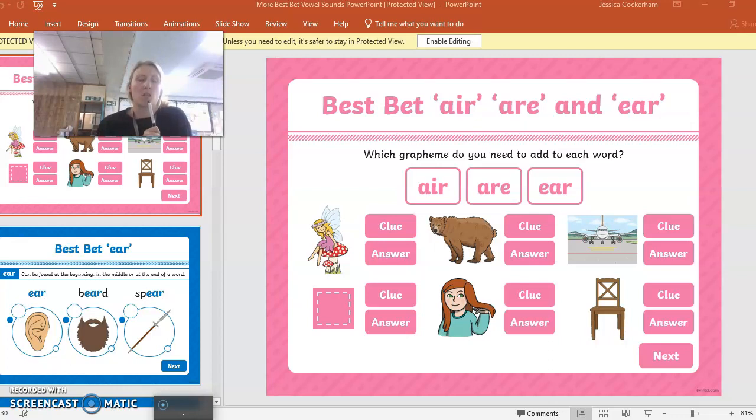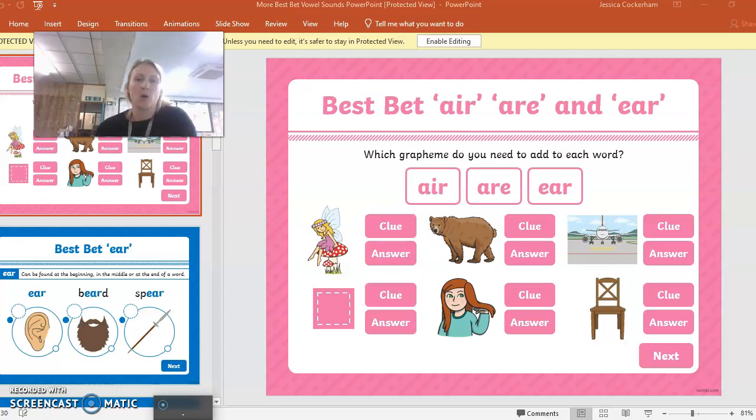Okay, let's come up with another sentence. Let me think. So we've got the bear went on the aeroplane. Okay, so now I'm going to have here the bear went to, no, actually not the bear, the fairy. We'll have the fairy this time because we've already had the bear.